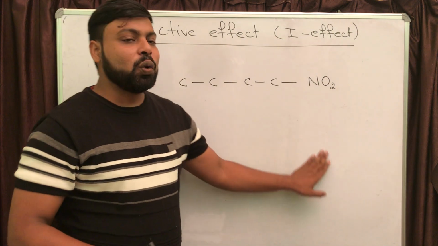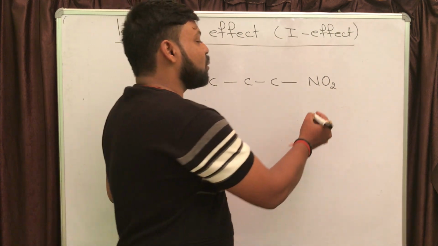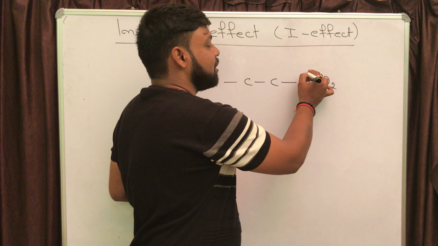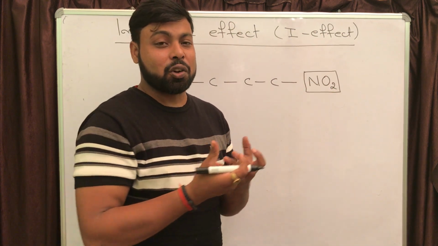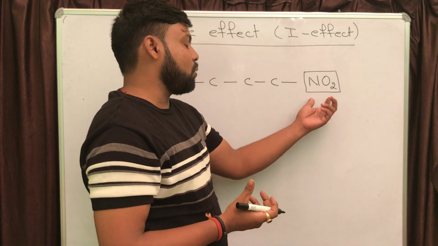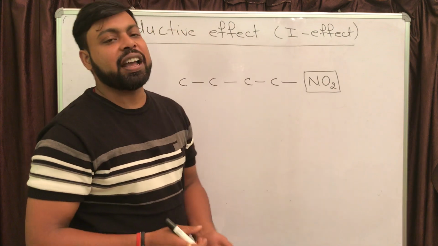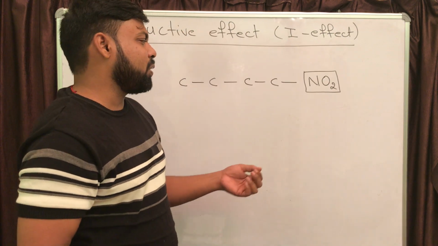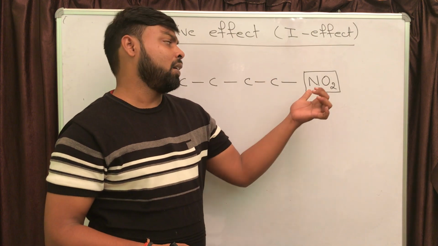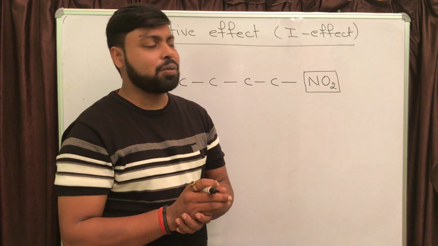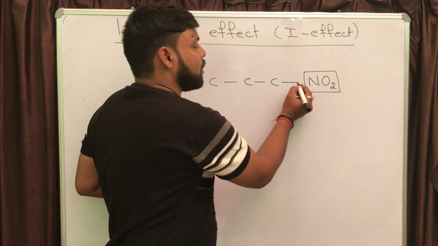Now one thing we know is that the electronegativity of this NO2 group, the electron pulling ability of this NO2 group, is more than carbon. Or you can directly see that there is a carbon nitrogen single covalent bond and the electronegativity of nitrogen is more than carbon. So what is happening?